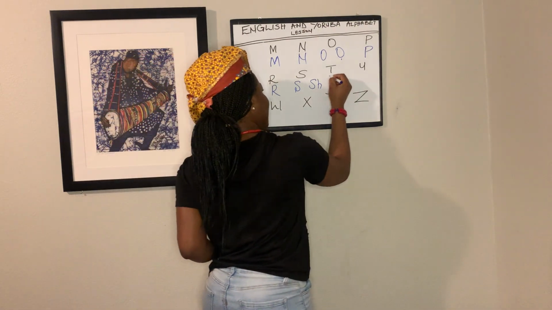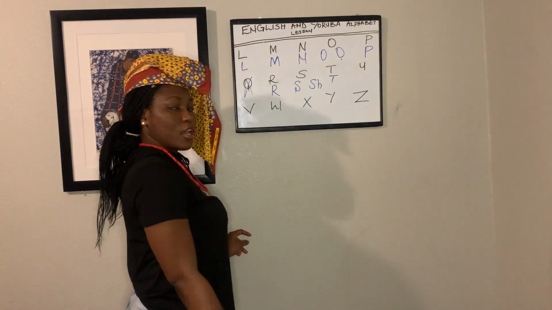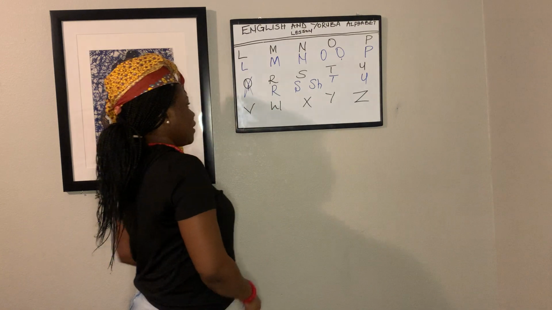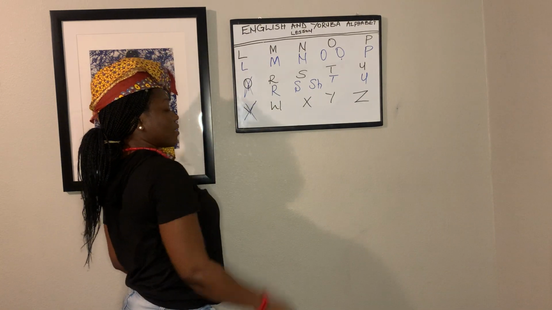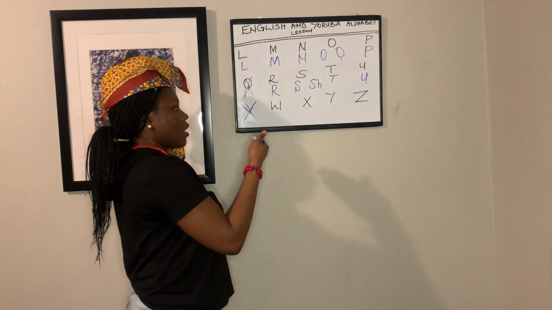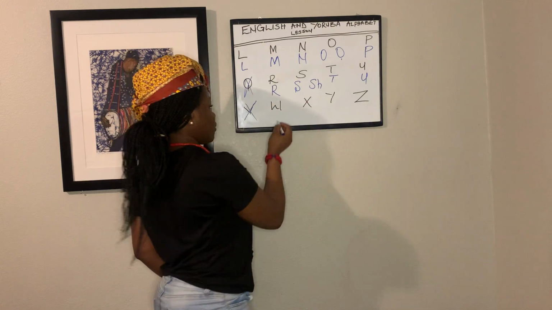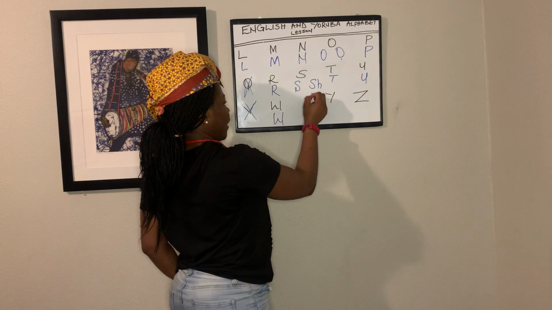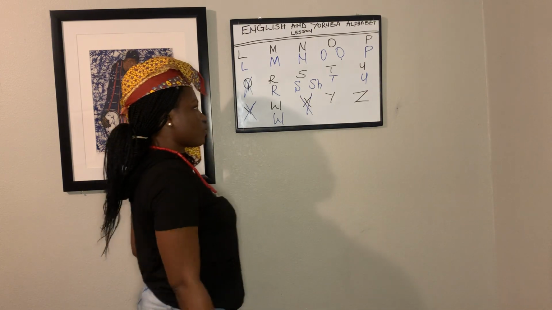T is T, regular T. U is U, nothing like V. We're going to cross it out. And our W is V. We don't have this kind of X, we're going to cross it out.